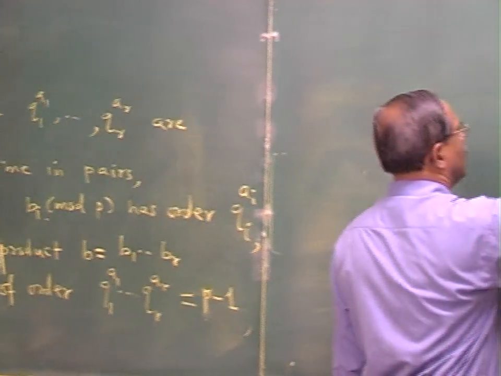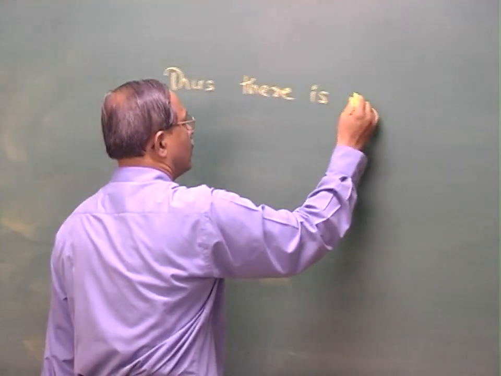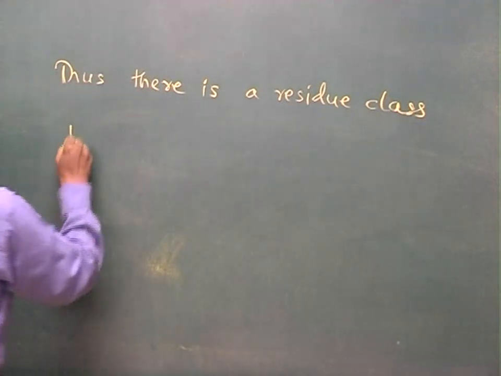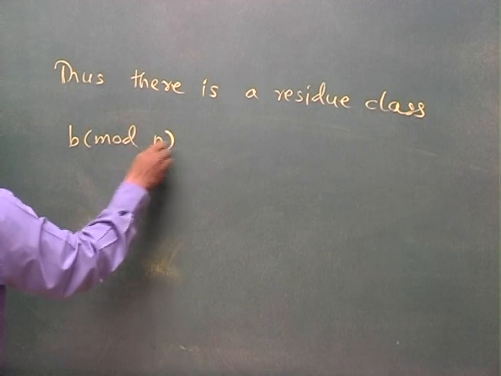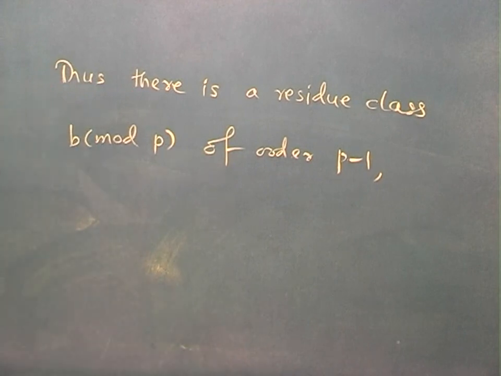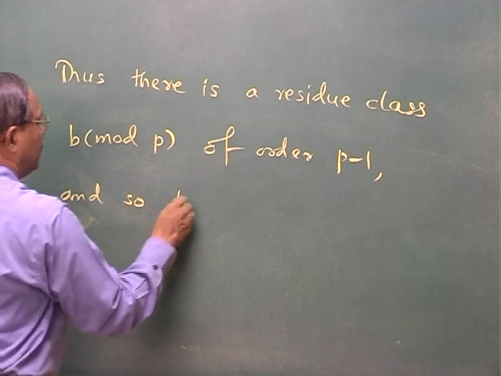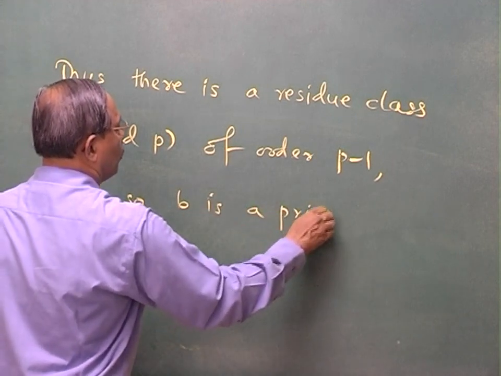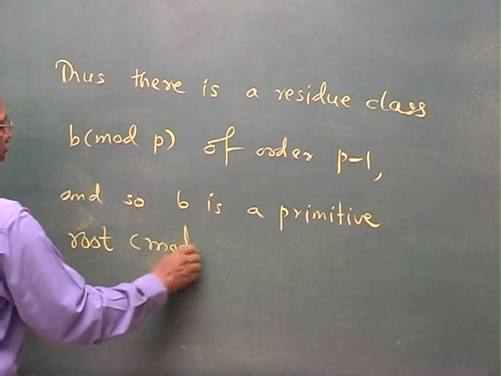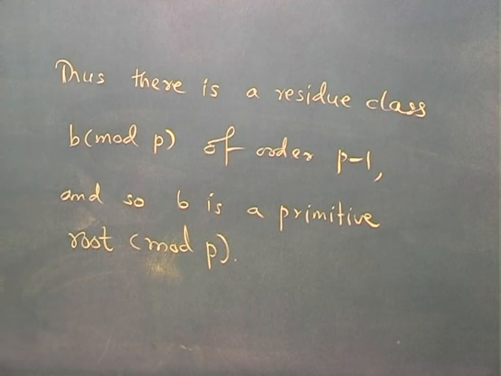Thus, there is a residue class B mod P of order P minus 1, and so B is a primitive root mod P. Now how many primitive roots are there mod P?